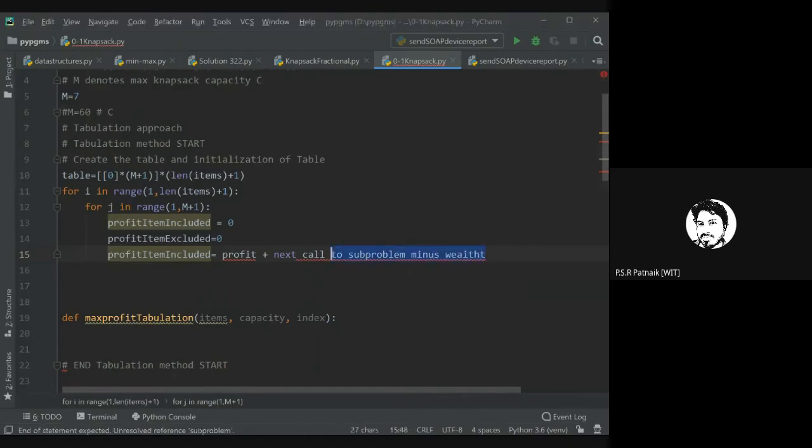So here, how do I get the profit of the current item? How do you take the profit of the current item here? You will use this J index. This is the current item you take for that. So what is the current item being processed? How do you get the profit?